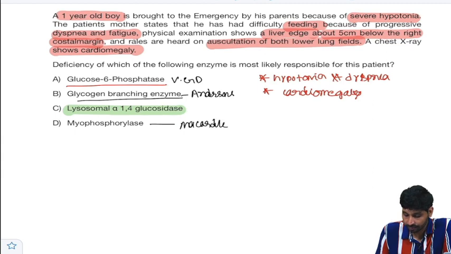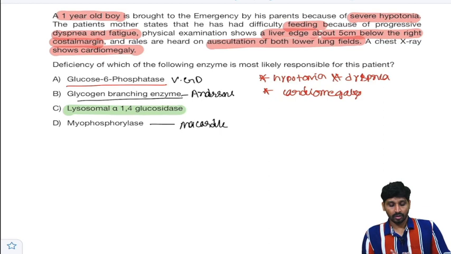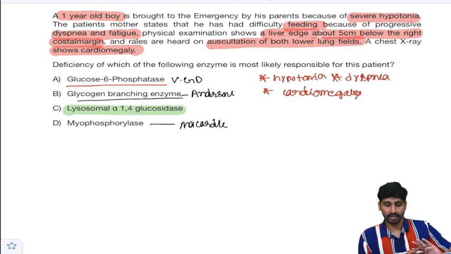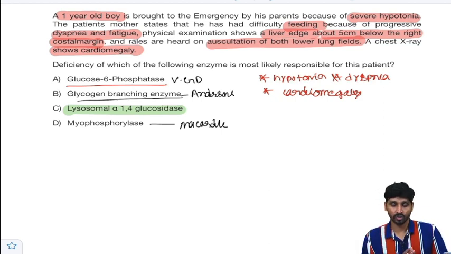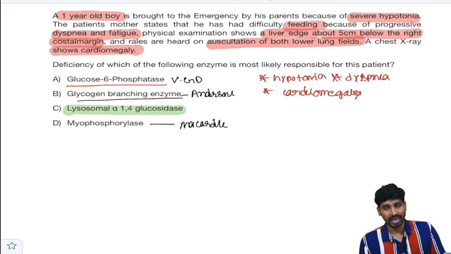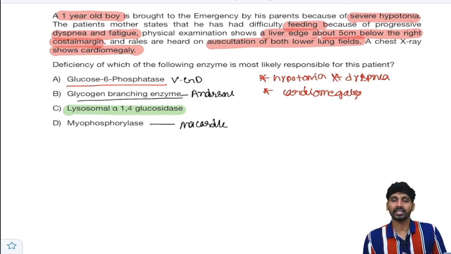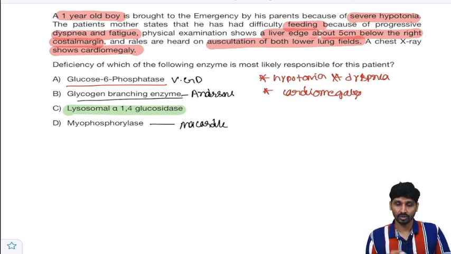So glucose 6-phosphatase deficiency causes von Gierke's disease, glycogen branching enzyme deficiency causes Andersen disease, and myophosphorylase deficiency is McArdle disease, right? So the correct answer will be lysosomal alpha-1,4 glucosidase enzyme.